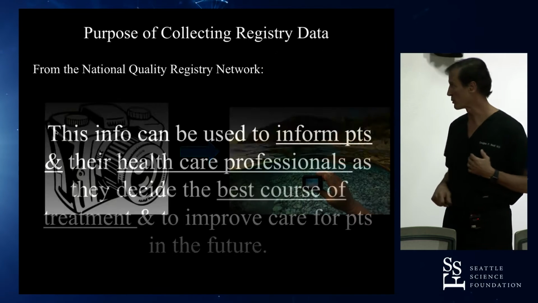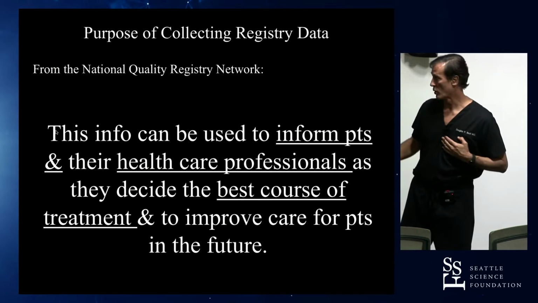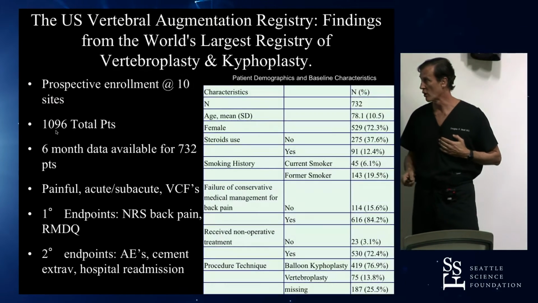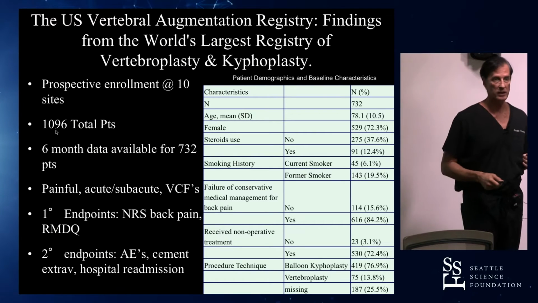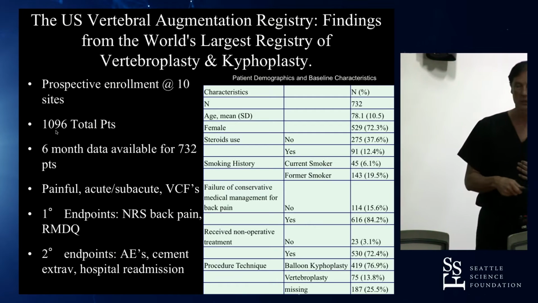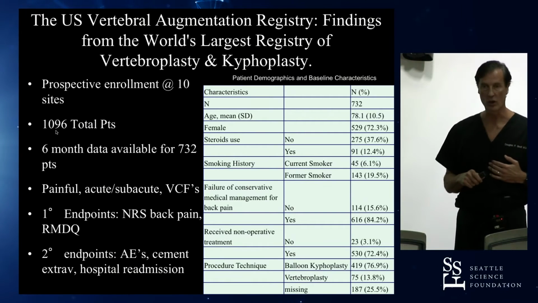I'll show you a little bit of something with the registry. The registry is done so healthcare professionals can inform patients the best way to go based on real world data. So we had 1,096 patients, 732 patient data set from those 1,096 patients, and the largest registry in the world.